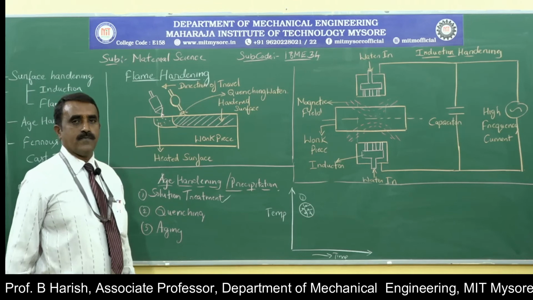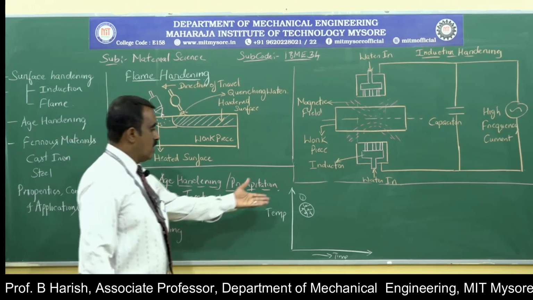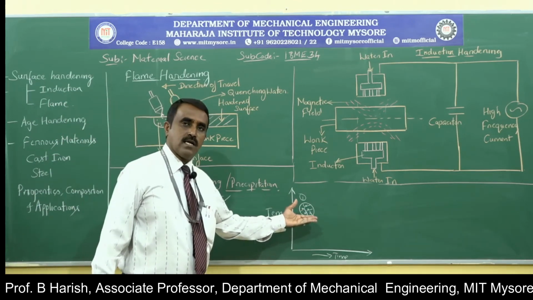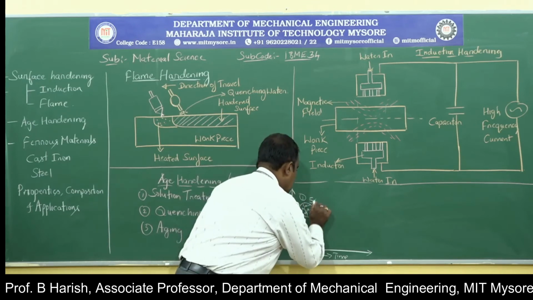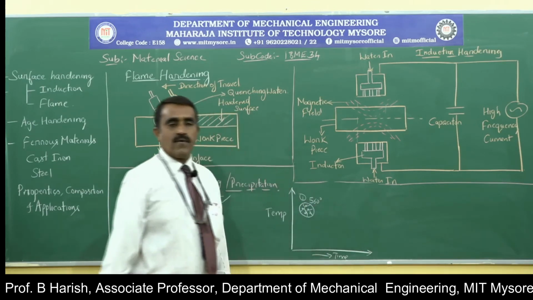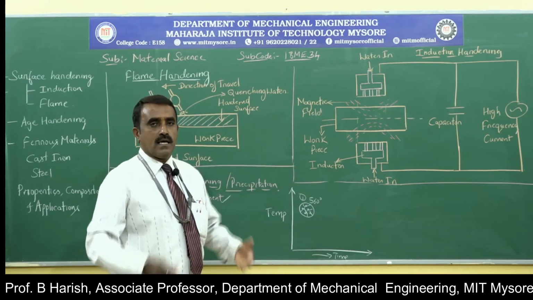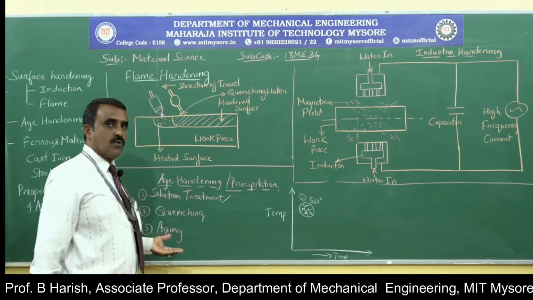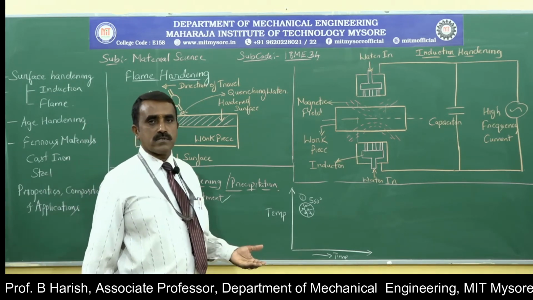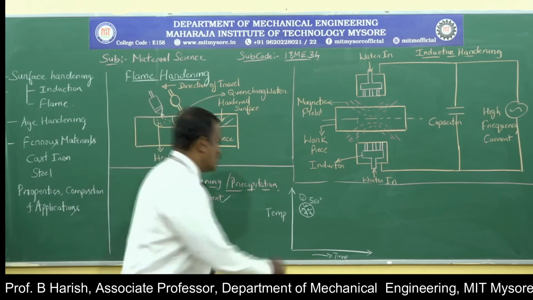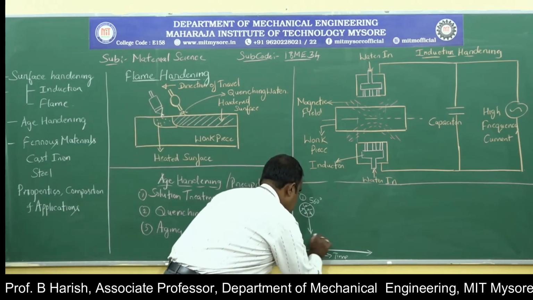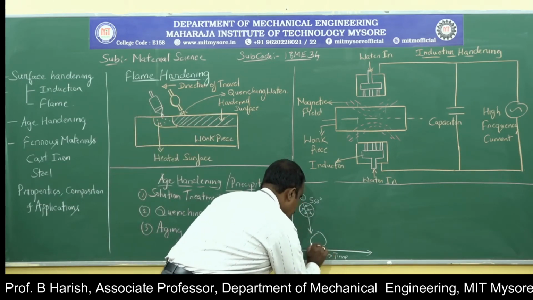The second one is quenching. Once it is heated to a certain temperature of around 560 degrees centigrade, then quenching, as you already know, is a cooling process. In the second stage, the temperature is brought down.